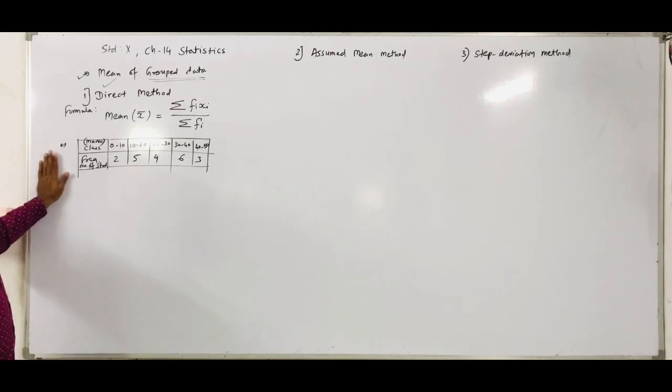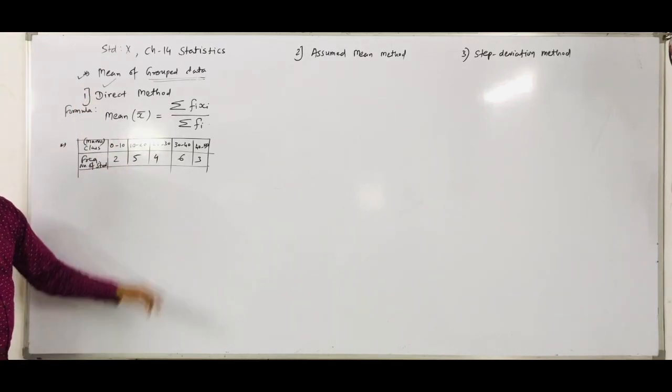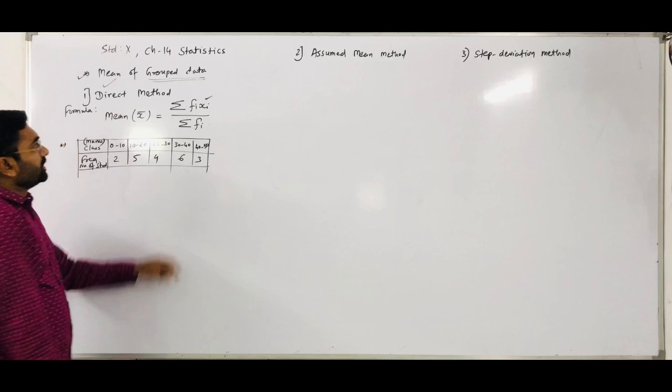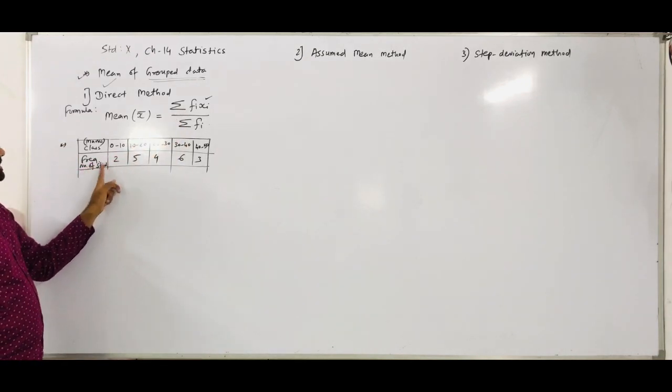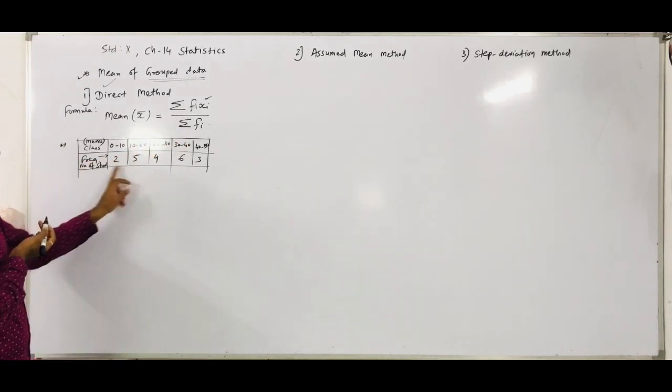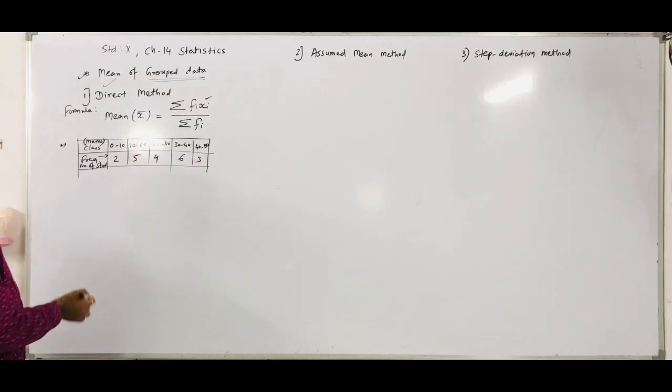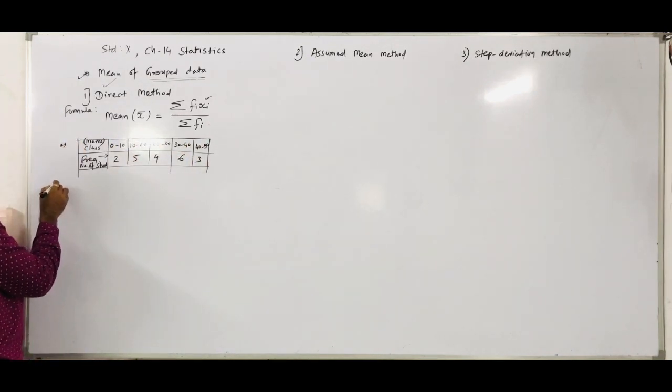Now find the mean of that data by using the direct method. In the direct method formula we require the xi value. The frequency value is given for each and every class. So we make a table.